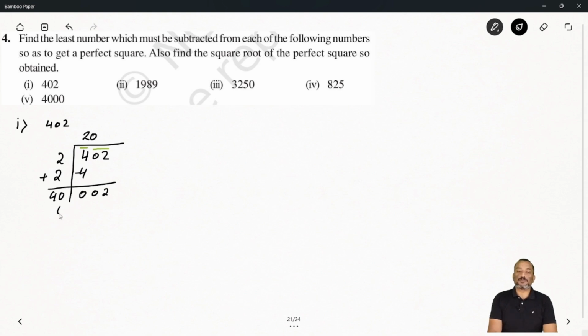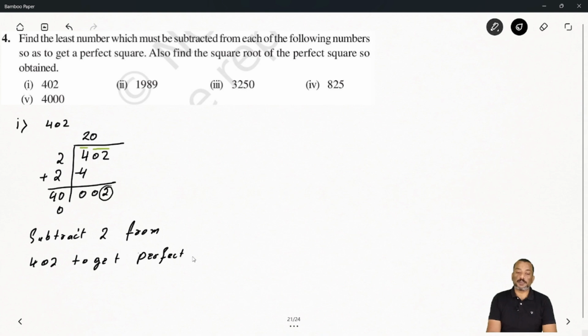So here 0 will add, which means here you have to subtract 2 to get a perfect square. So we can say subtract 2 from 402 to get a perfect square.